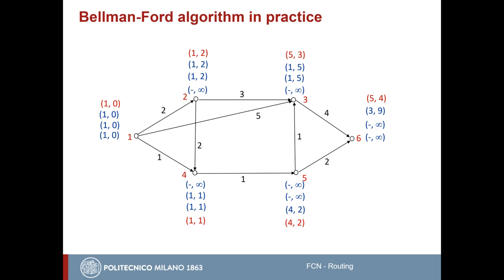You can check that if we go on to do other iterations, we will always obtain the same labels. So the algorithm is over, and this is what we obtain as the tree of shortest paths from this node to all the other nodes of the network.